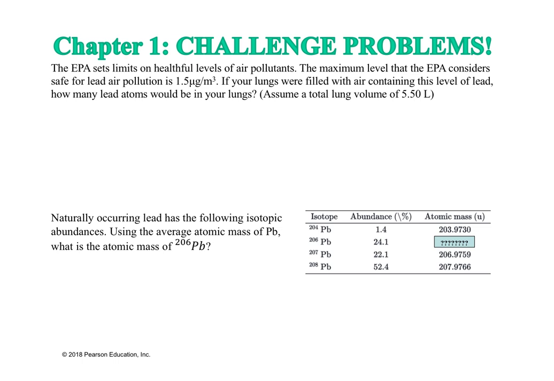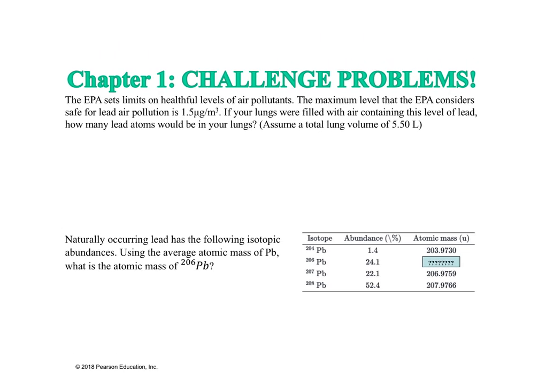The maximum level that is considered safe for lead air pollution is 1.5 micrograms per cubic meter. So just as a reminder, for 1 gram, that equals 10 to the 6 micrograms. That will come in handy later. Micro, you can think of as like a millionth of a gram or a millionth of something.